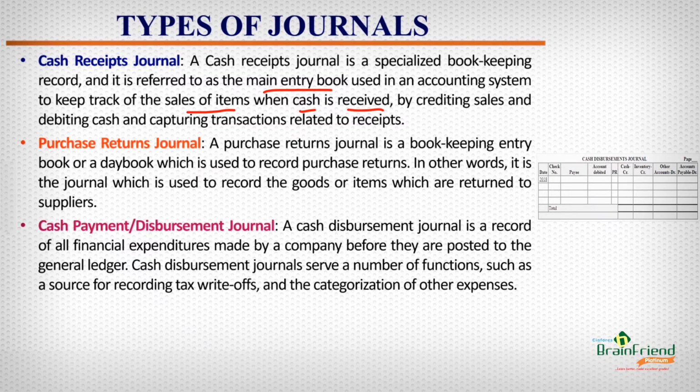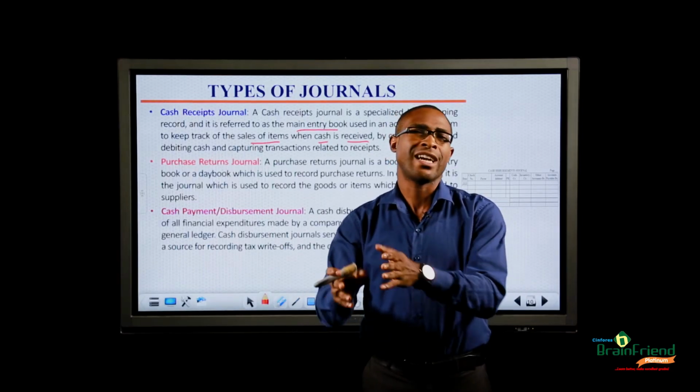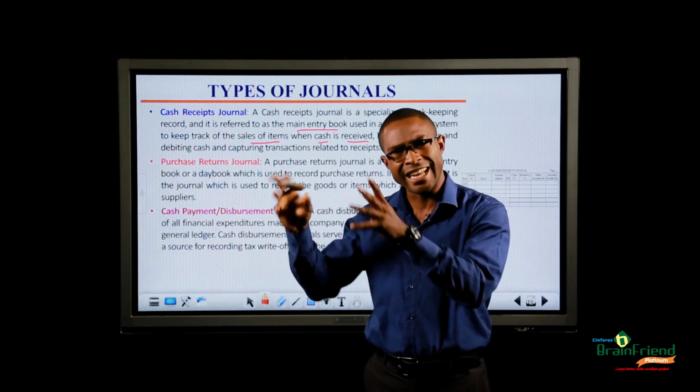For cash receipts journals, what we are looking at is that it captures what you have sold, the sold items. It's like your normal receipts. We are giving you a proof of payment. You see the receipts that people issue to you, they are duplicates. So those duplicates are what you use to capture in your ledger.